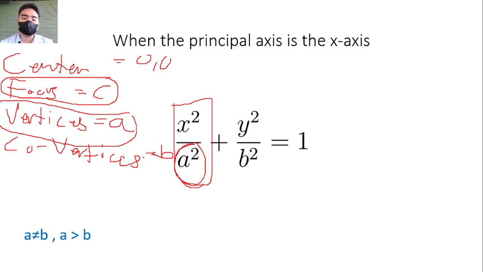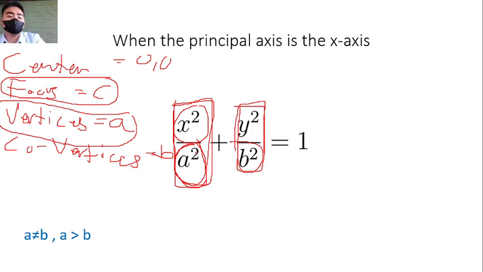When A is placed within the x, that is your principal axis. And your co-vertices, which is B, lies on the y-axis, so this is our minor axis. Okay? So the formula, once again, is x squared over a squared plus y squared over b squared is equal to 1. Always remember it is equal to 1.